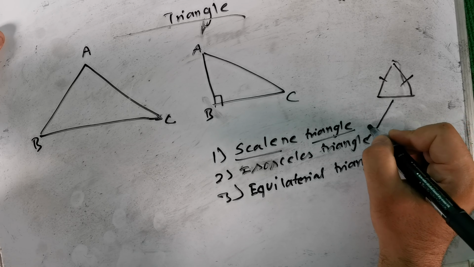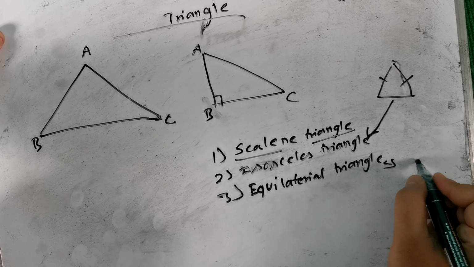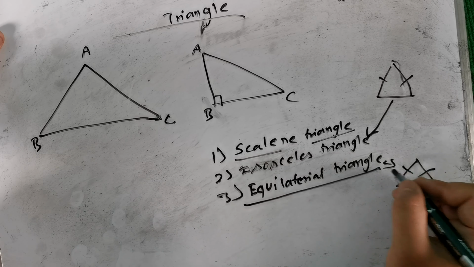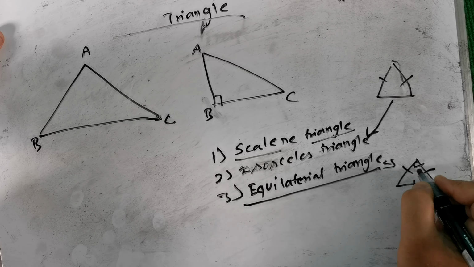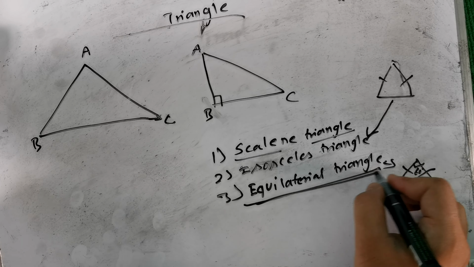Equilateral triangles are those where all angles and all sides are equal. In an equilateral triangle, each angle is 60 degrees.